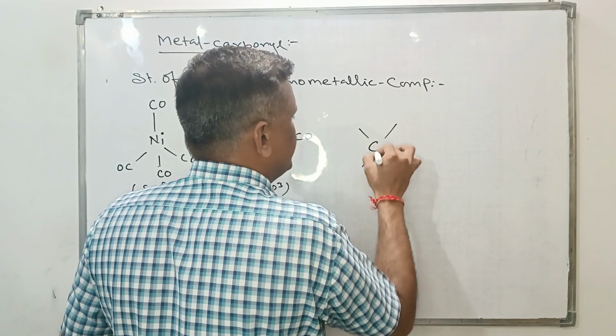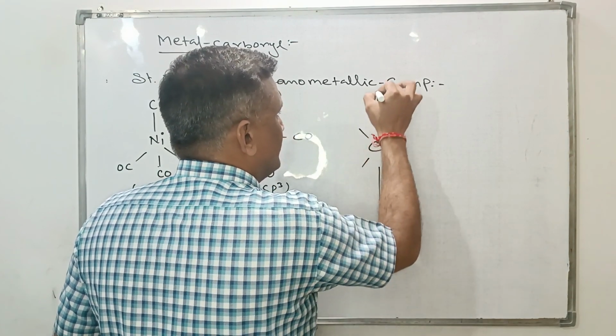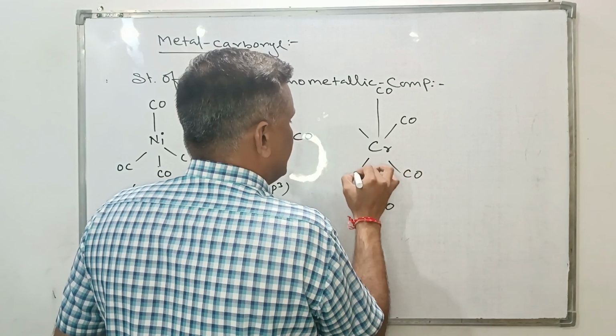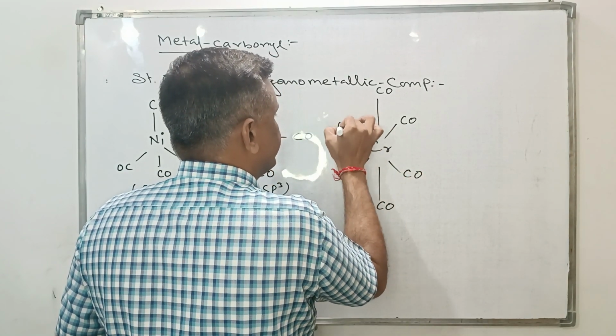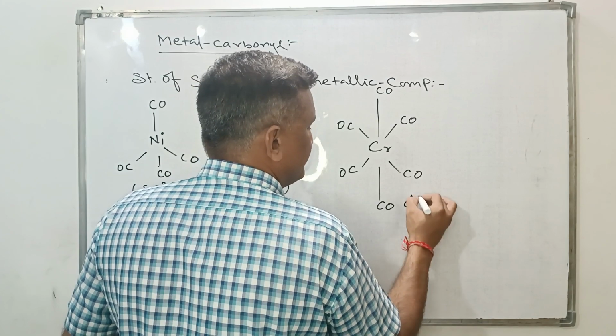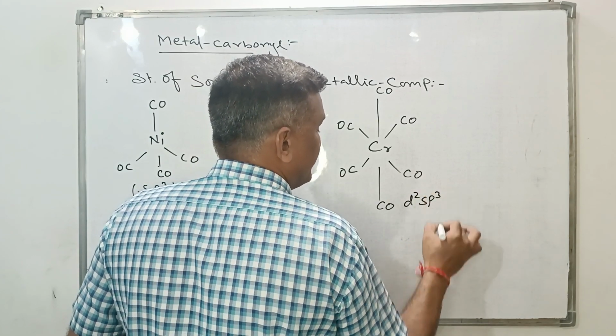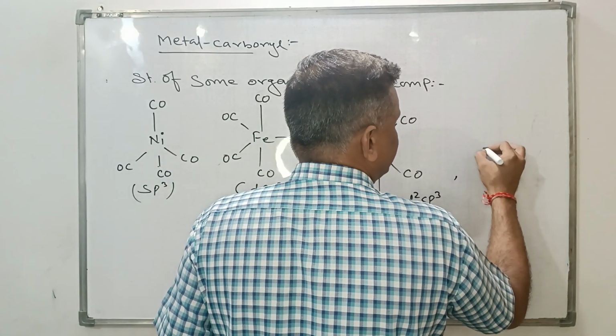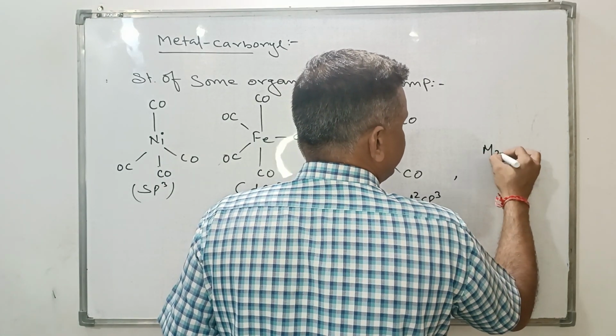This is Cr(CO)6 with d2sp3 hybridization. We can take a further example as Mn.